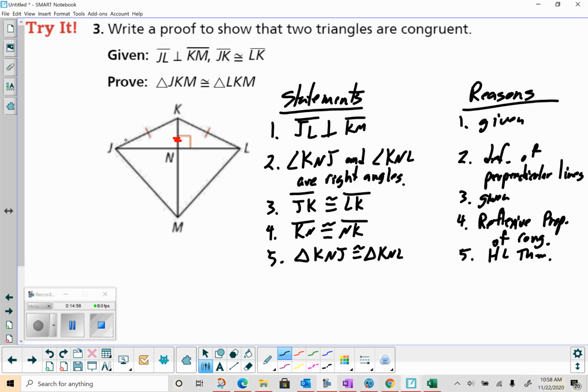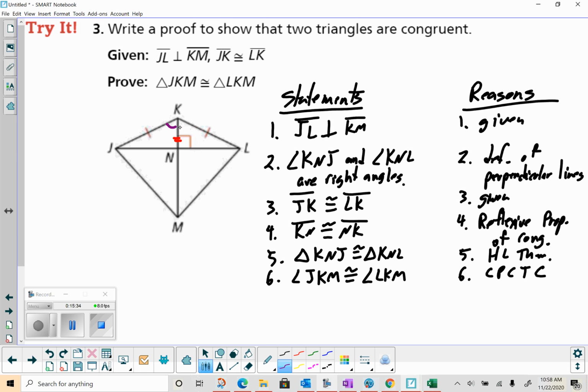If I look at triangle JKM and triangle LKM, I can now say, because of the hypotenuse leg theorem, that angle JKM is congruent to angle LKM, because corresponding parts of congruent triangles are congruent.